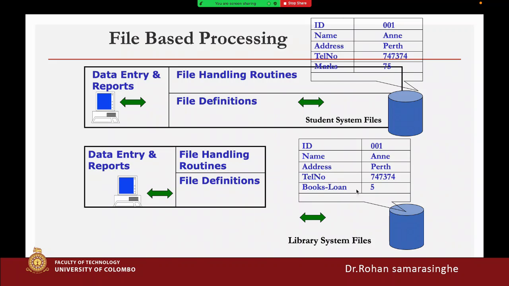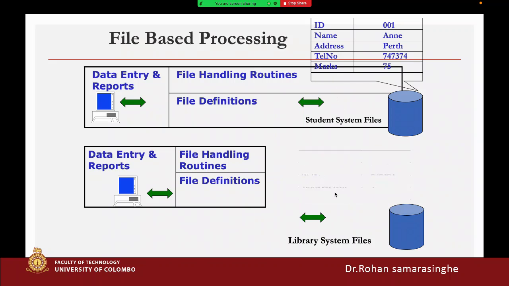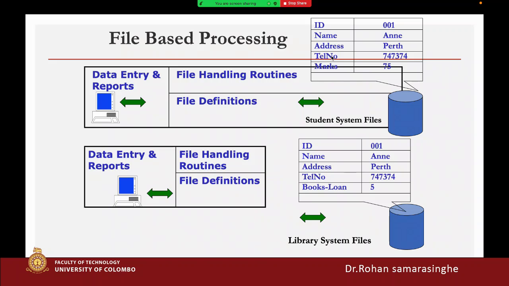All the files must be updated. Otherwise, if the student system file is updated but this one has old data, there is no consistency of the data. Consistency means the data is up to date in both places. So file-based processing has these problems.